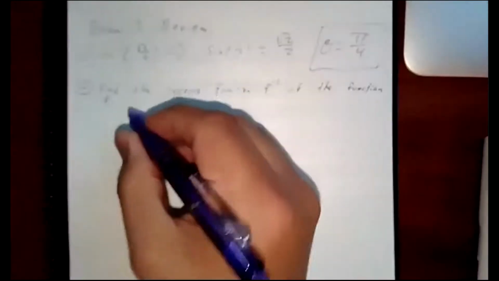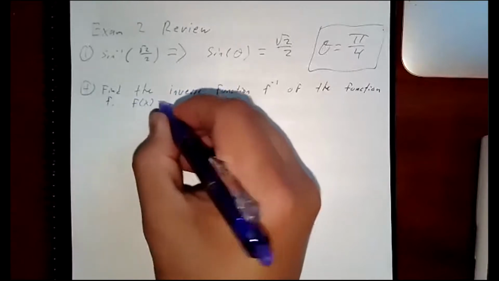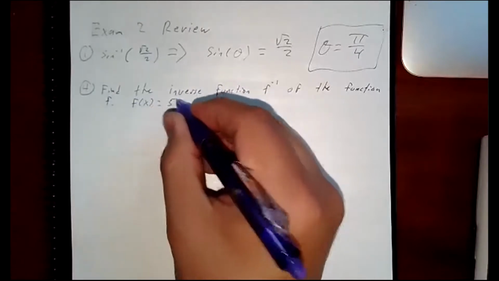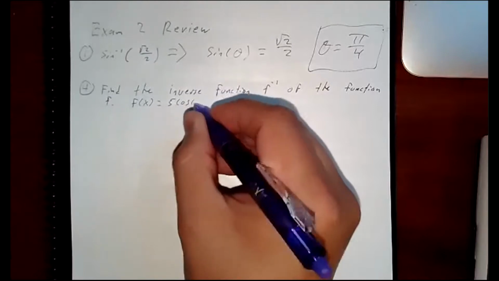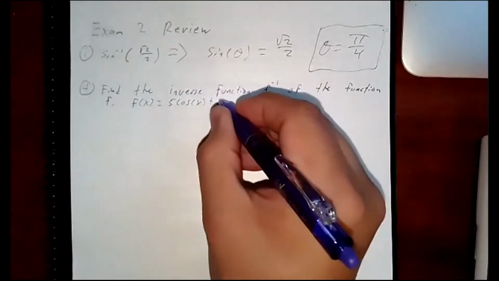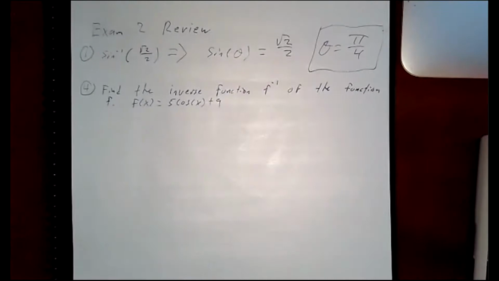Okay, so here's the function 5 cosine x plus 9. Remember how I gave you those couple of steps on how to do this?